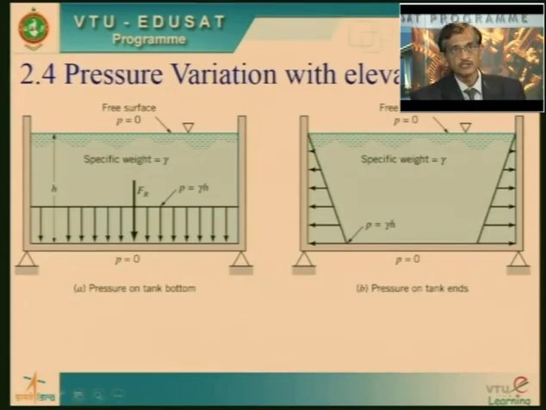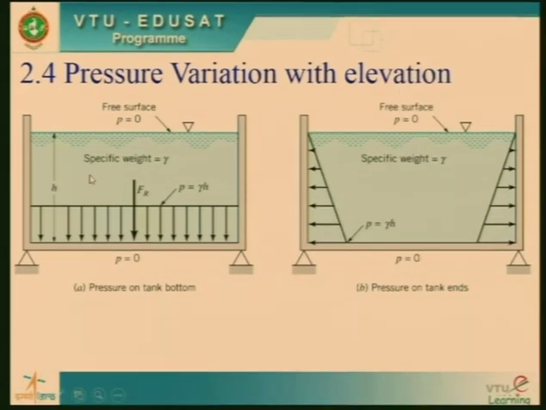But before we continue, I would like to show you a tank, a rectangular tank in which water is there. You can see it's atmospheric pressure here. Intensity of pressure small p is equal to 0. What exactly does it mean? It means it's a gauge pressure.